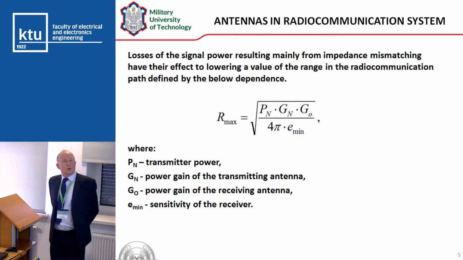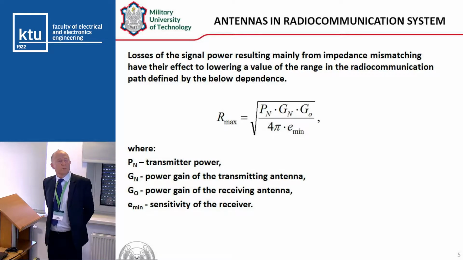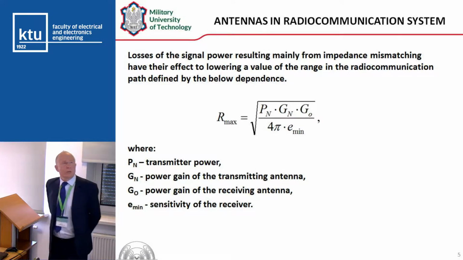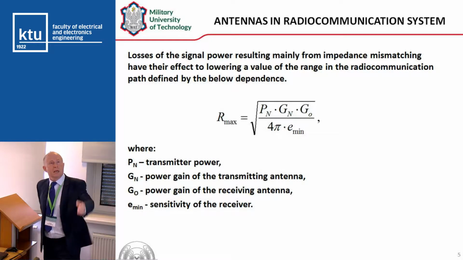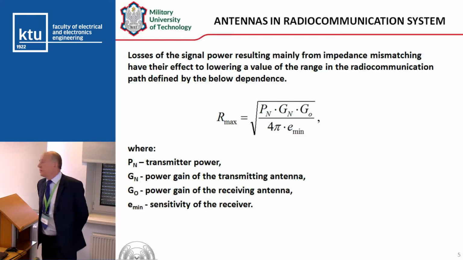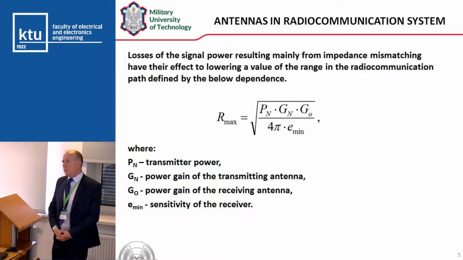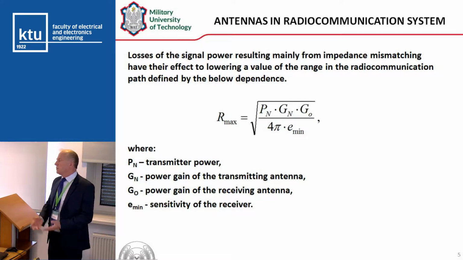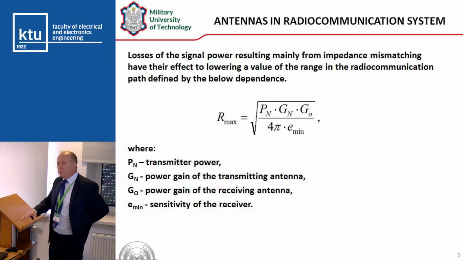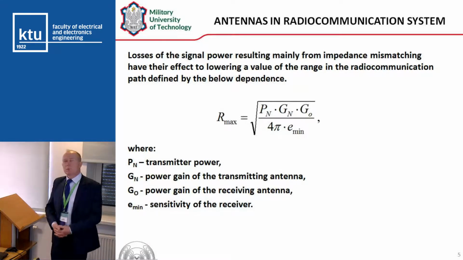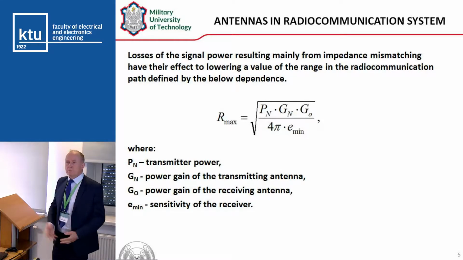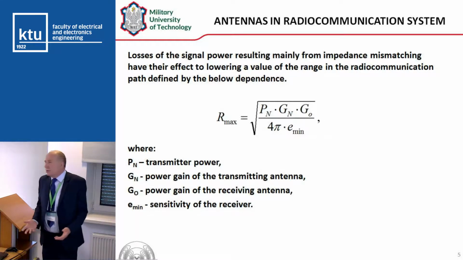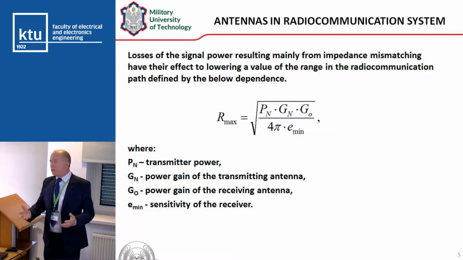Using this formula, I would like to mark that the range of radio communication depends on the antenna gain, and antenna gain decreases when the losses of power transmitted are big, for example, when this power radiates as heat.